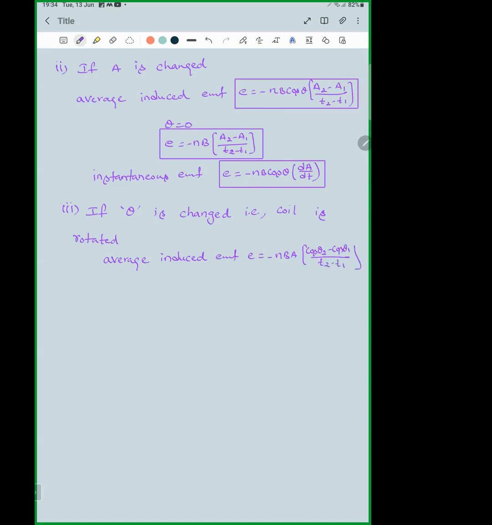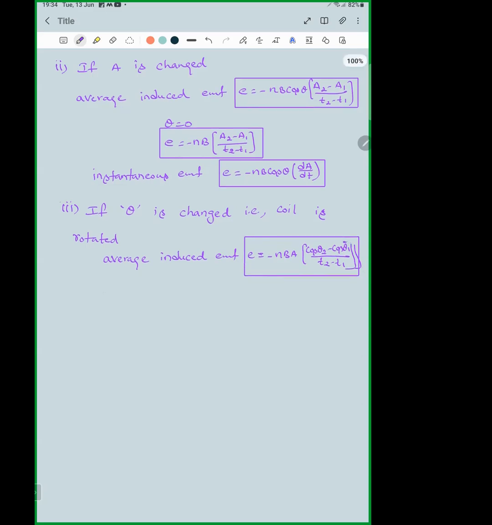Here is there a chance to take theta as 0? No, because theta is variable. So instantaneous EMF is E is equal to minus NBA into d by dt of cos theta.